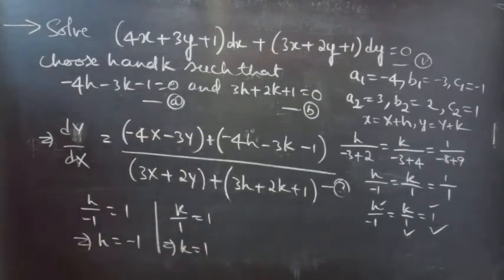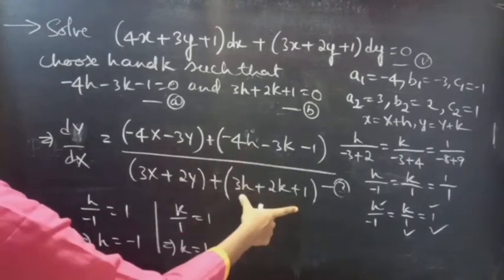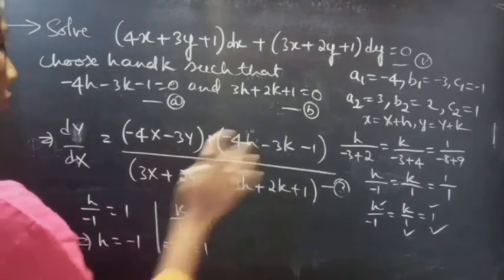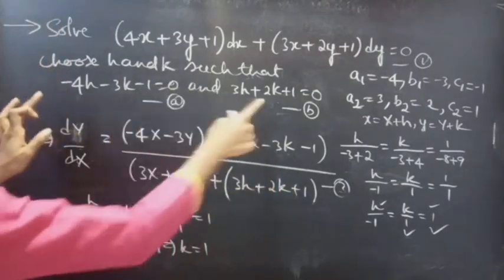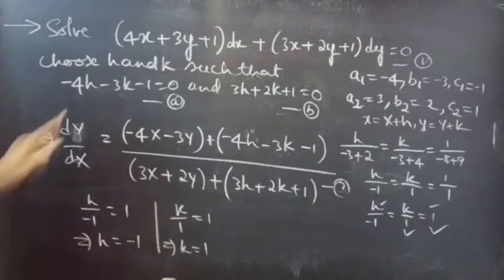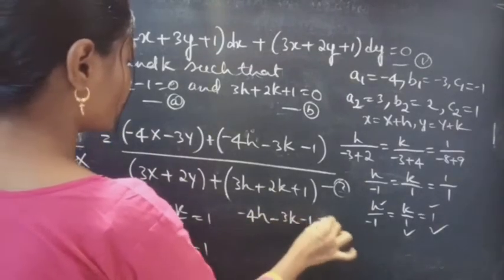Now if we substitute these values in these two polynomials, they should become 0. So we'll see. Firstly consider minus 4h minus 3k minus 1 equals 0.